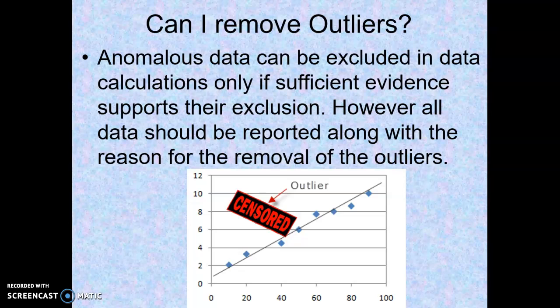So you might not put it on the main graph, but you could have an asterisk that says there's a little bit more information that you need to know: we've excluded this data point because. So we're still mentioning that it was present because it was something that we collected. We want to make sure that we're reporting all of our data, and if we ignore this data point, the reason why we're doing that is because we've determined XYZ. We've determined that it was anomalous. We don't want to hide data that we collect.